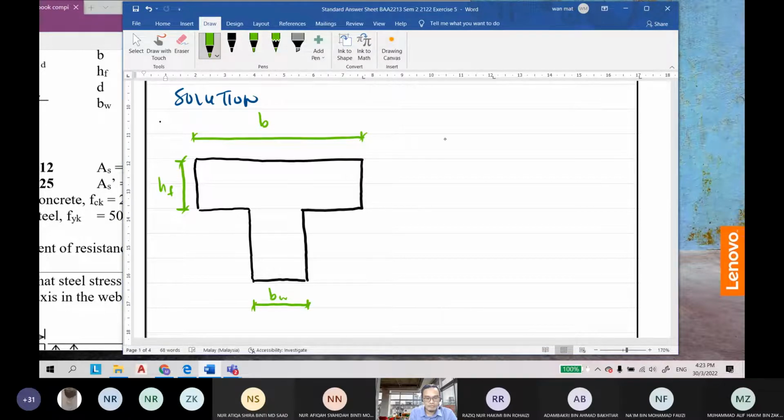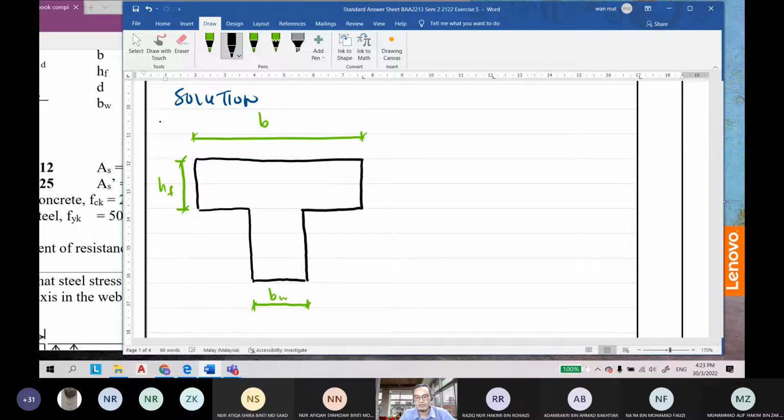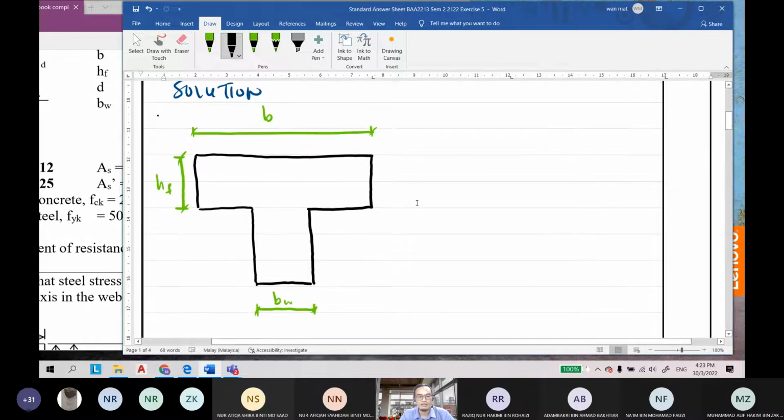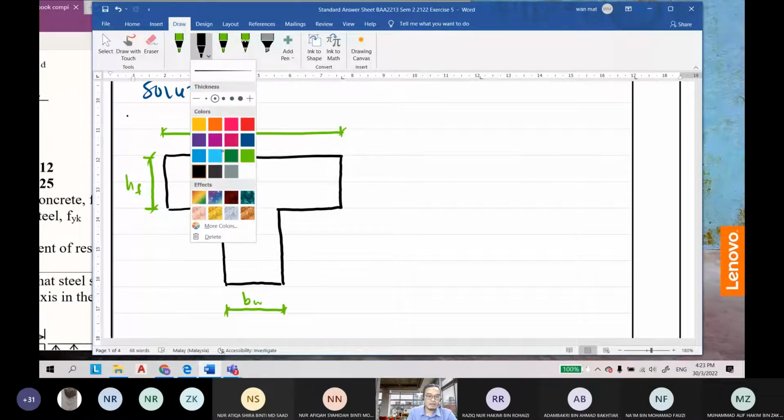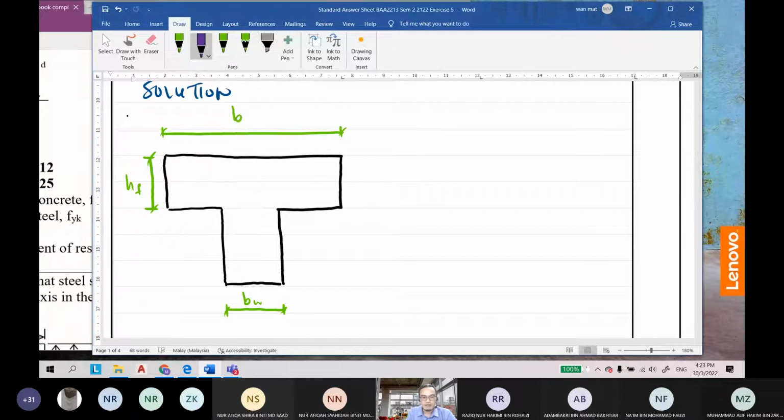And then you must draw the stress block. I hope you don't stress with this subject. This is the shape of the stress block. Let's say I use the purple color. The stress block is here.